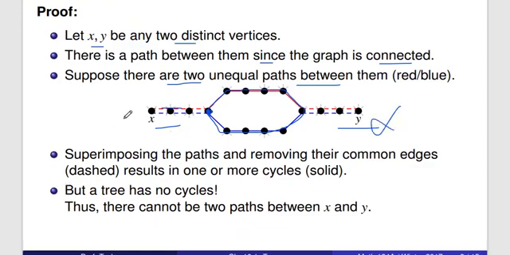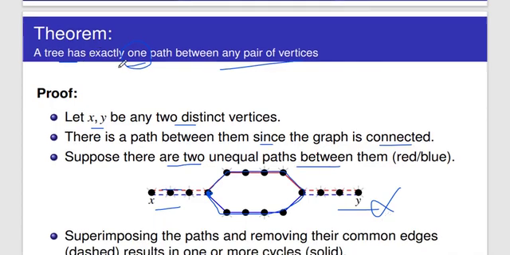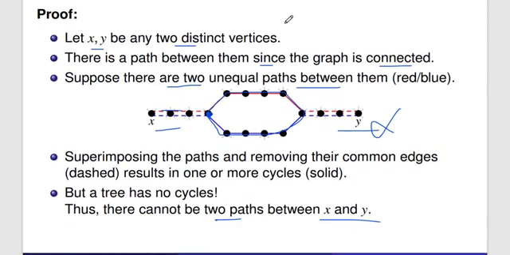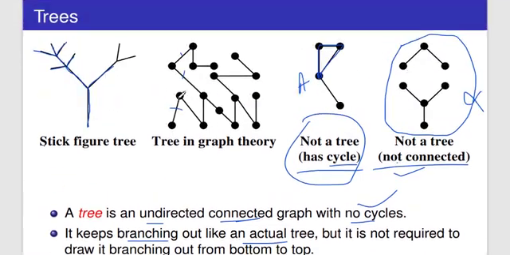Since a tree has no cycle, there cannot be two paths between any two vertices. So a tree has exactly one path between any pair of vertices. If you pick any two vertices, there should be only one path. Let's say this is A and this is B.